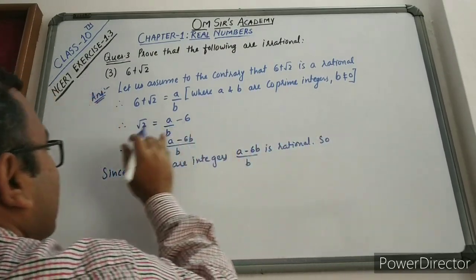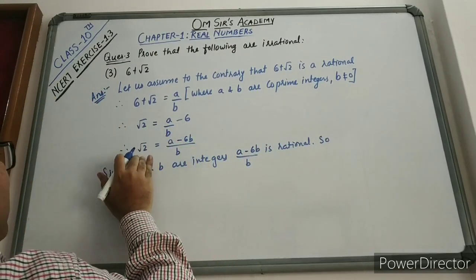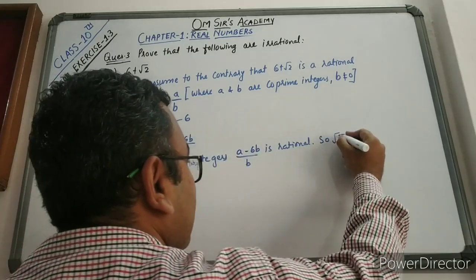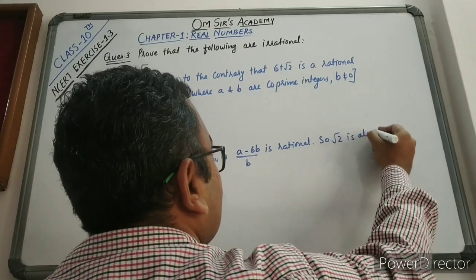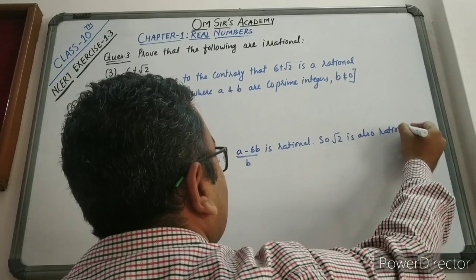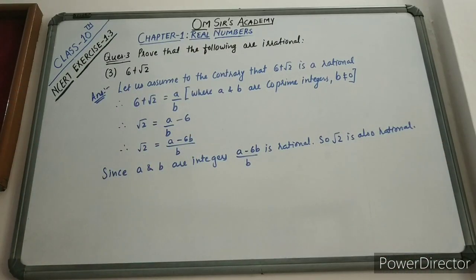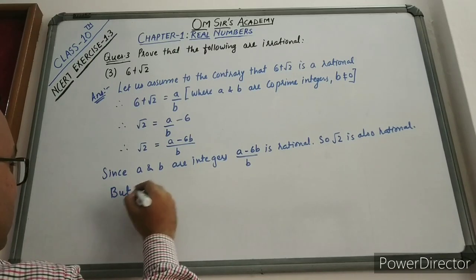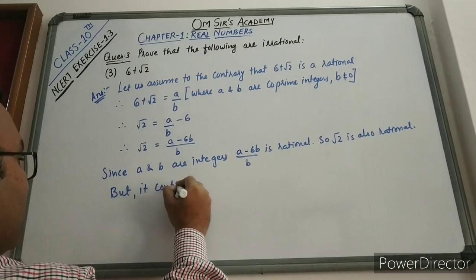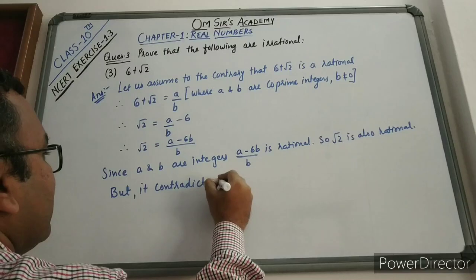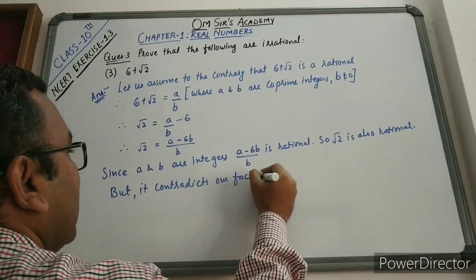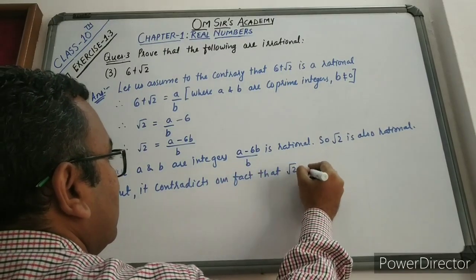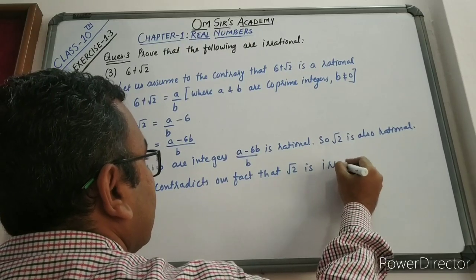So as per this equation root 2 will also be rational. So root 2 is also rational as per the equation. But it contradicts our fact that root 2 is an irrational.